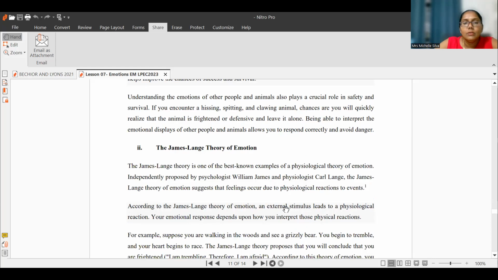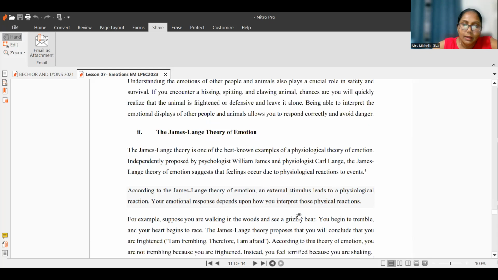Okay, then let's look at the James Lange theory of emotion. This theory nicely explains that first we require an incident, then the physical changes happen, then we try to interpret the situation, and finally the emotion is created.